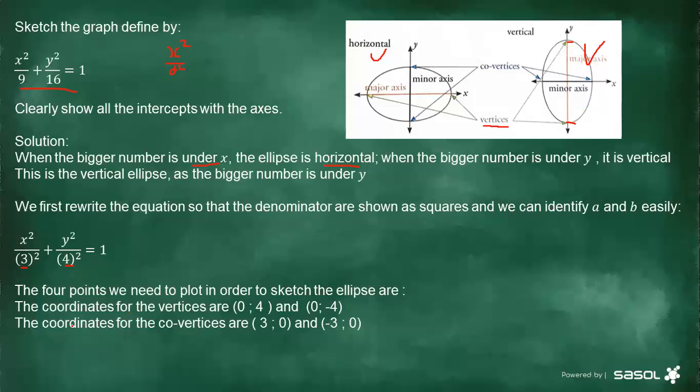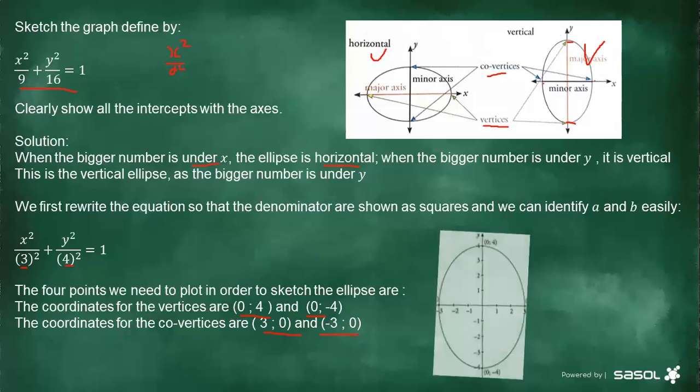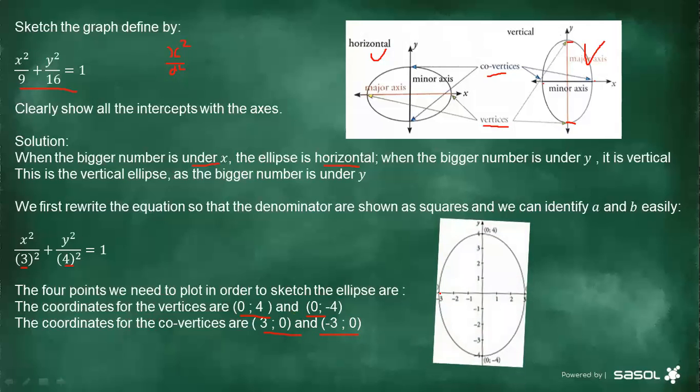And then we have the coordinates of the co-vertices, meaning this point and this point, there we are going to have -3 and there we have positive 3. Okay, and after having this, you then have to take your graph paper and draw the ellipse. Then this is the solution. This is our ellipse. We can see -3, +3, +4, -4. So that is the ellipse.